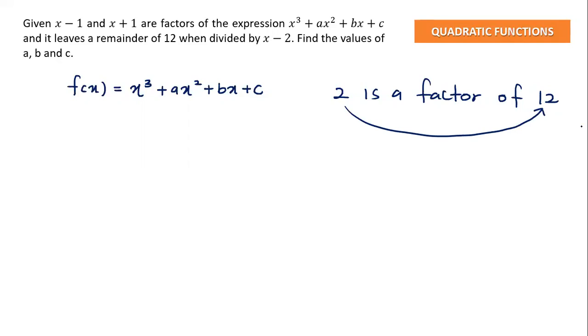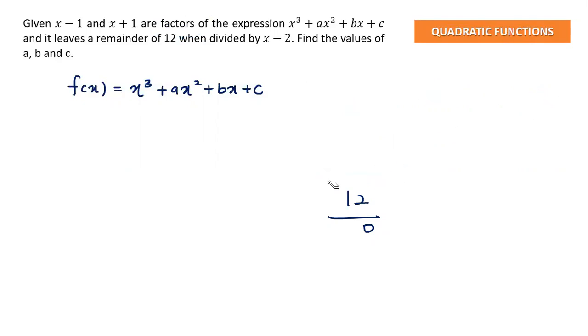Understand my meaning? If I divide 12 by 2, the remainder is going to be 0. That is the idea that we're going to use here. When I say factor, it means something that when you divide will give you the remainder 0. So when you divide, the remainder is going to be 0.